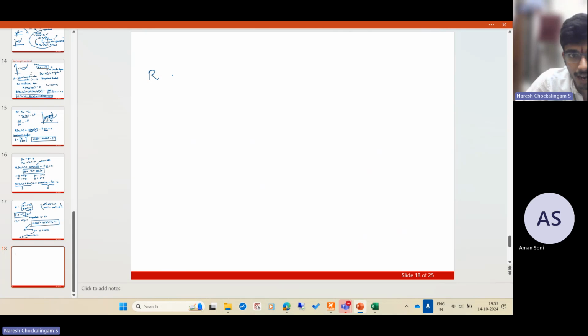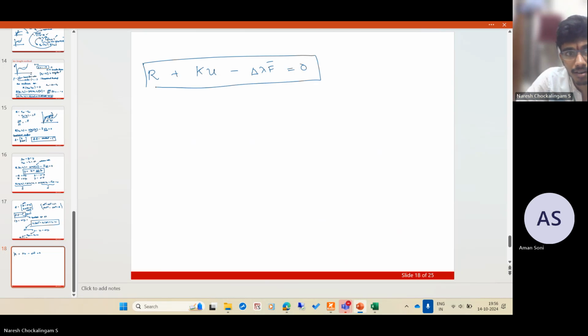So what we have is R plus Ku plus minus delta lambda F bar is equal to 0. This is our internal virtual work, internal force equal to external force expression.